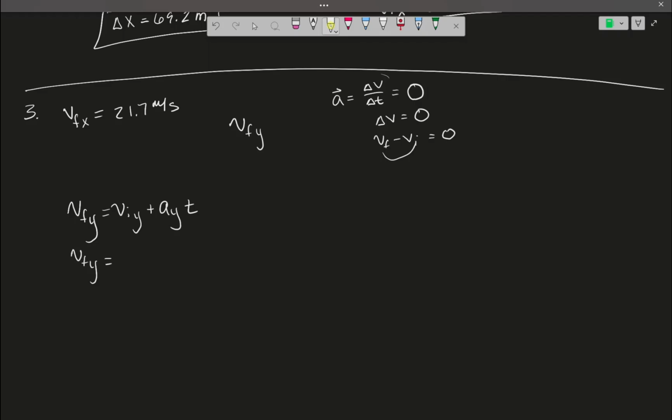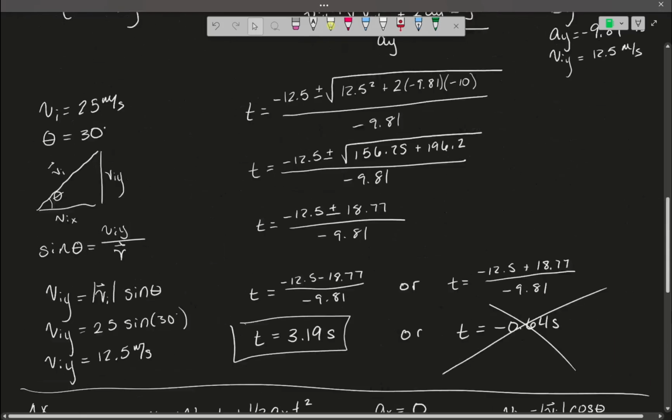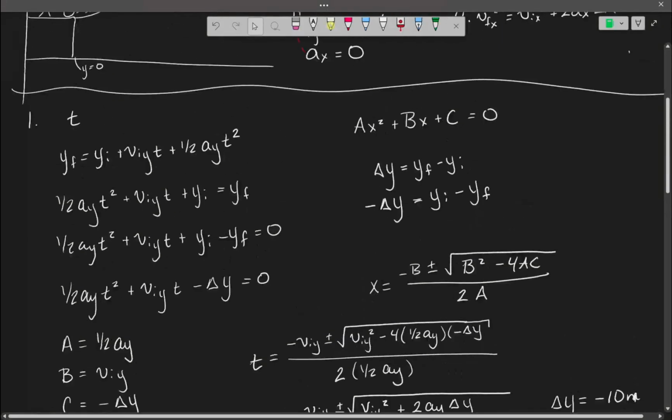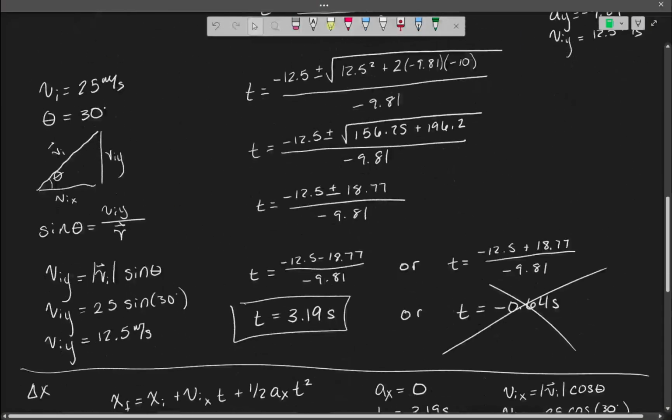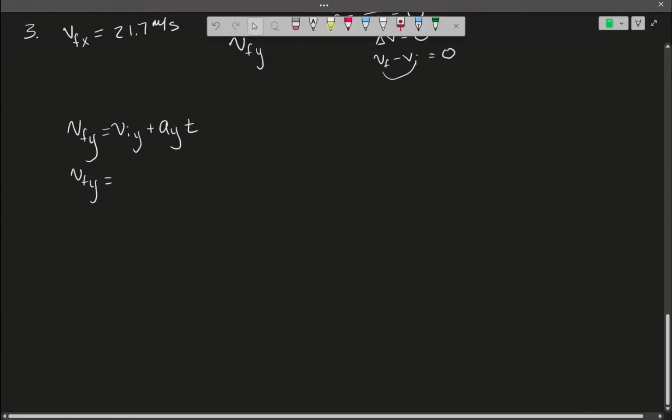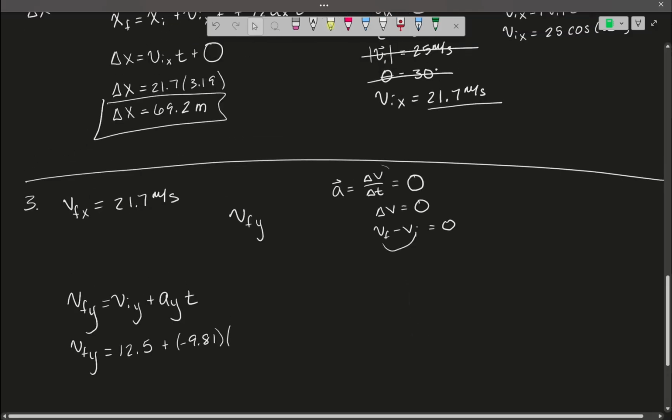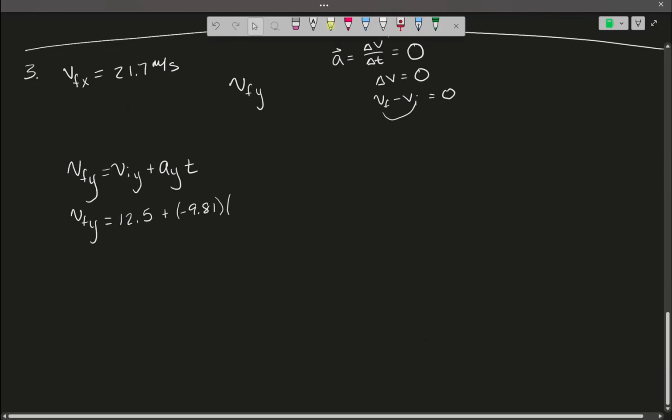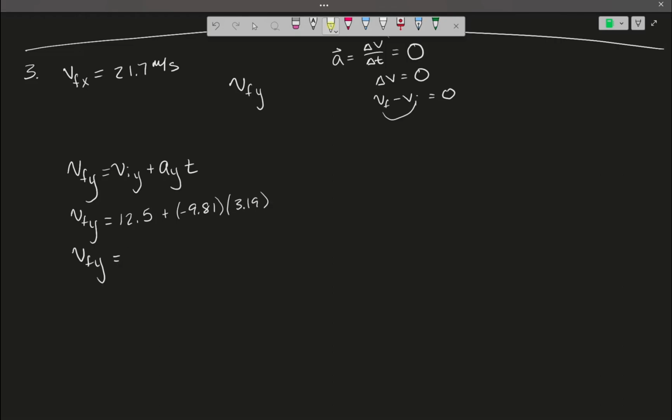My final velocity in the y direction is going to be 12.5 plus negative 9.81 times 3.19 seconds, and we get that the final velocity in the y direction is going to be equal to negative 18.8 meters per second.